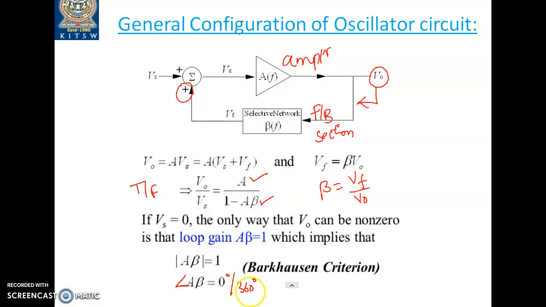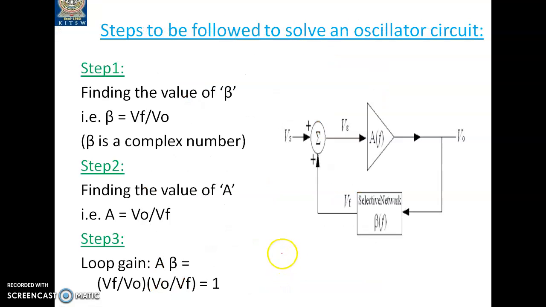Once you identify that the circuit satisfies these two conditions, the Barkhausen criteria, you can say that the circuit you are designing acts like an oscillator. That is possible if and only if it satisfies both conditions: loop gain equal to 1 and phase angle around the loop equal to 0 degrees or 360 degrees. This also we have seen in the previous video.